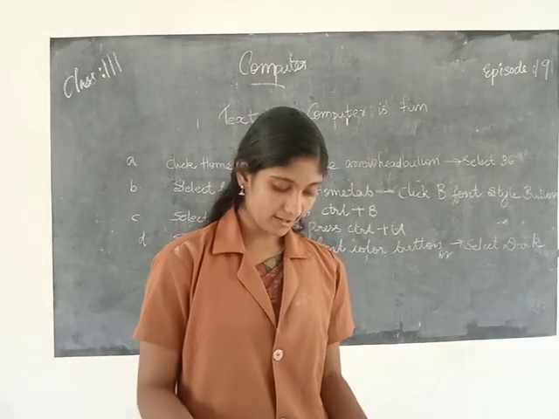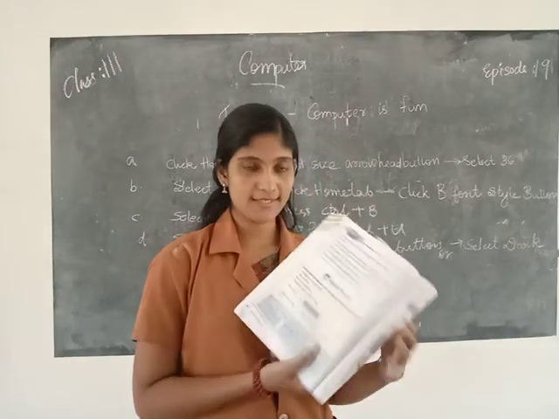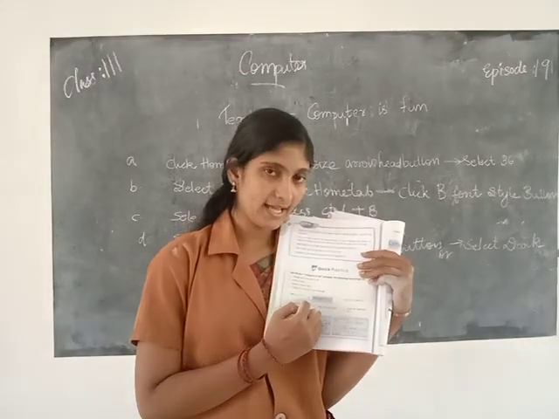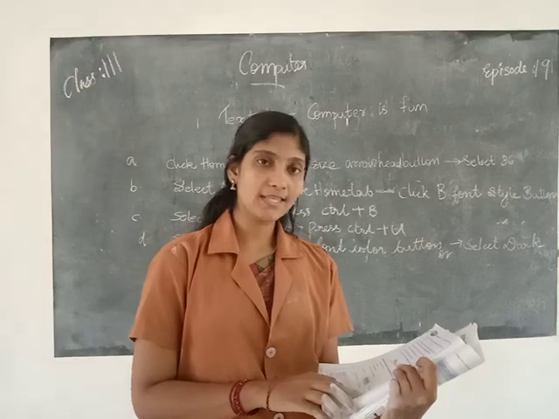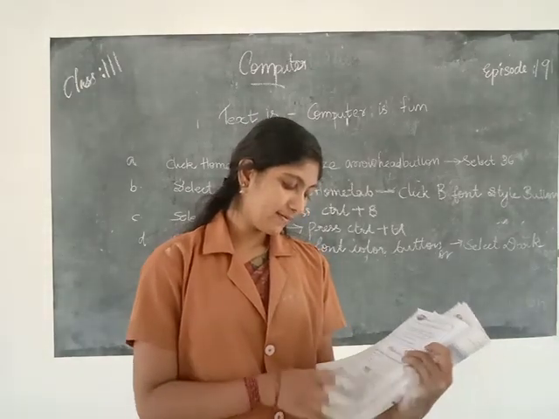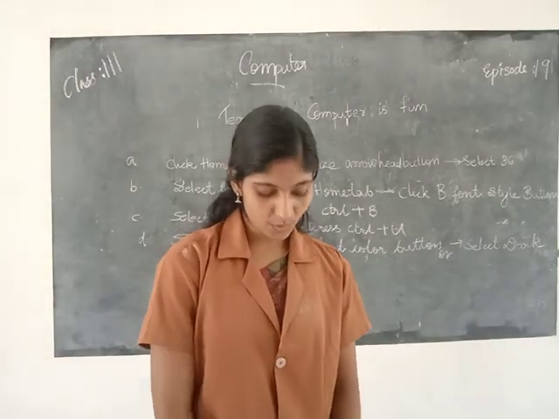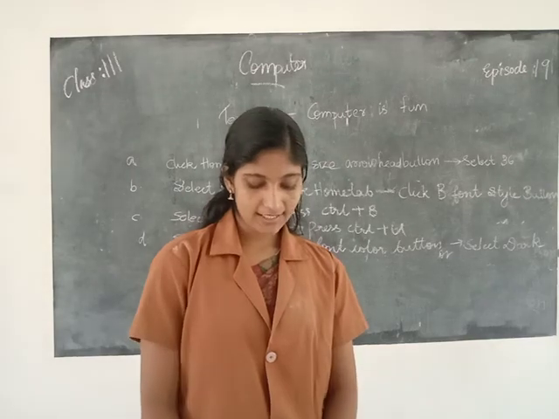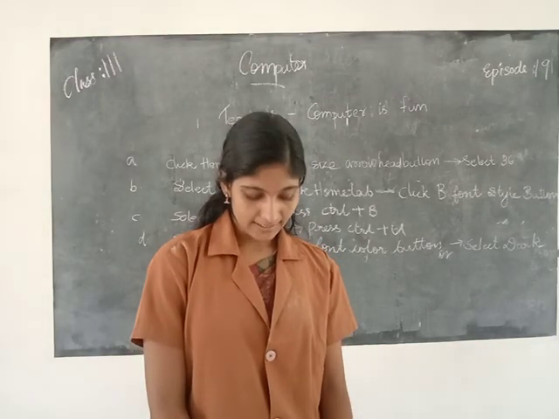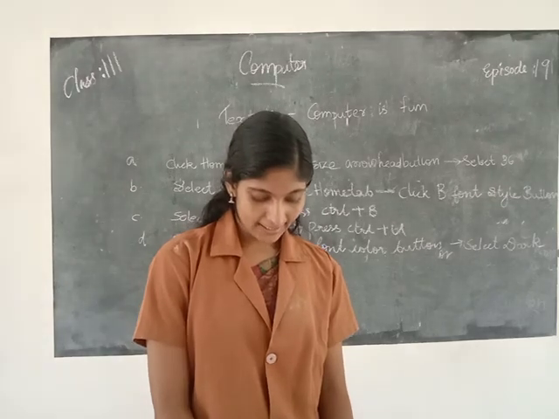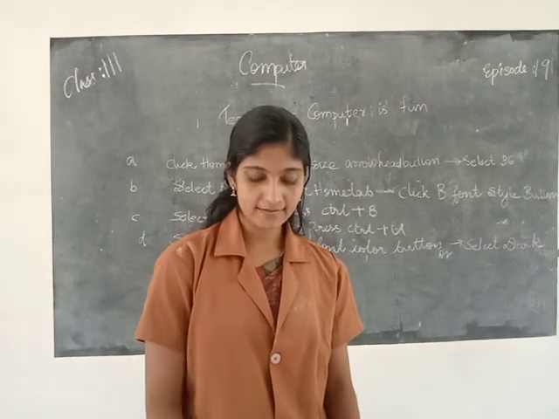So look here, page number 80. First select the text. The text is computer is fun. Then second step, click on the Home tab and then change the font size to 36 and then apply the bold style. Then next apply the underline style.